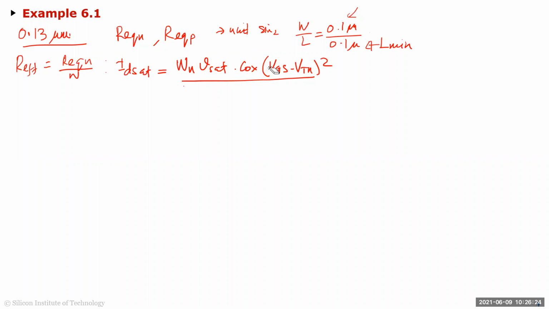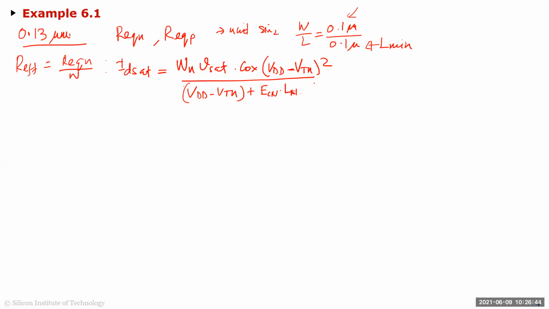Because this is digital switching, VGS is equal to VDD, so I can just write VDD minus VTN.